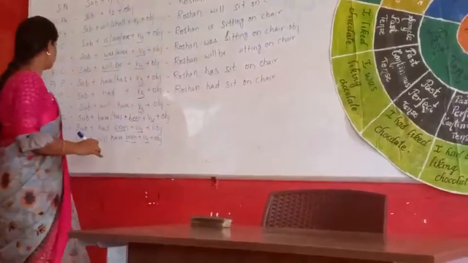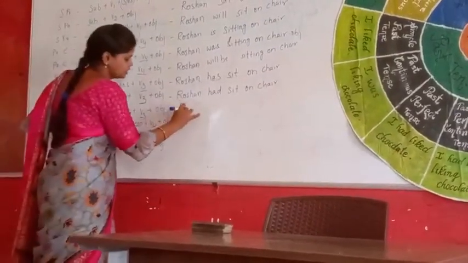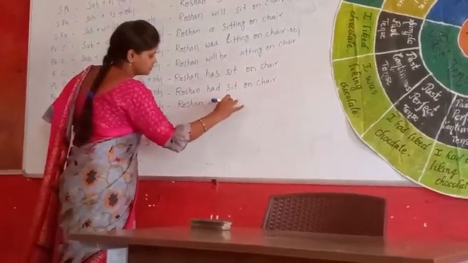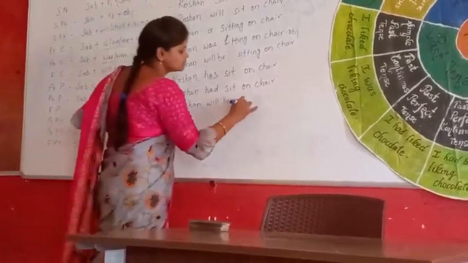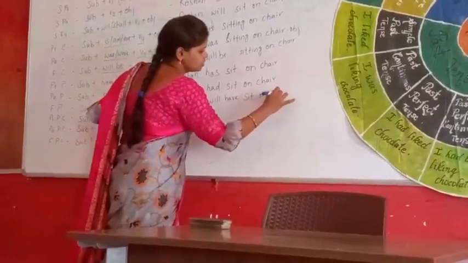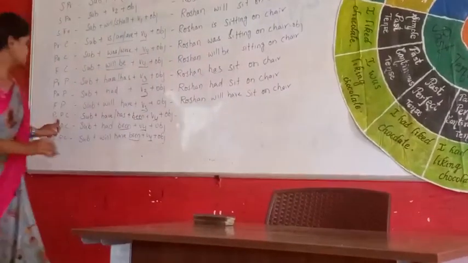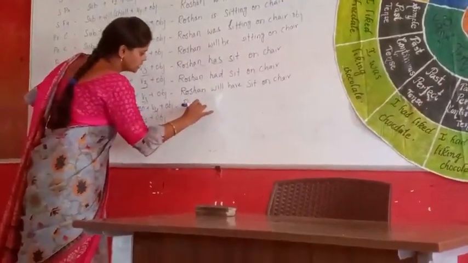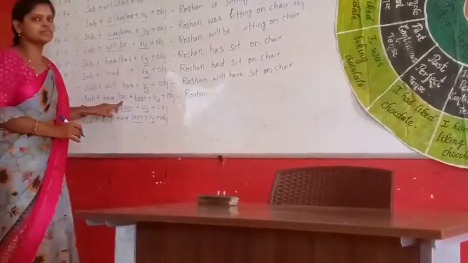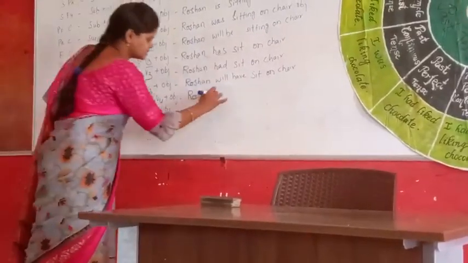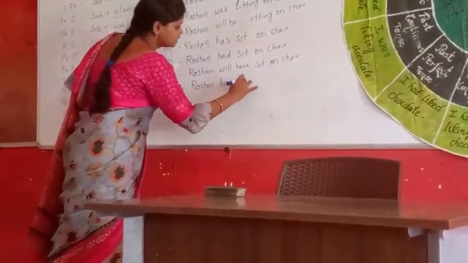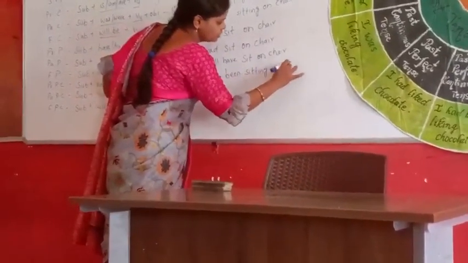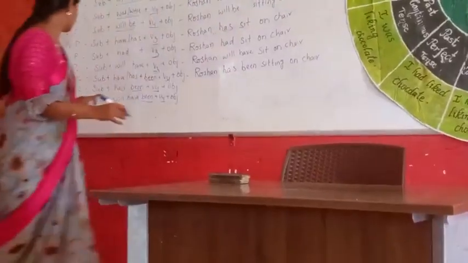Future perfect. Subject is Roshan will have, V3 is sit. Object is on chair. Present perfect continuous. Subject is Roshan. Have or has, which should we use? Has. Been. V4 of sit is sitting on chair.